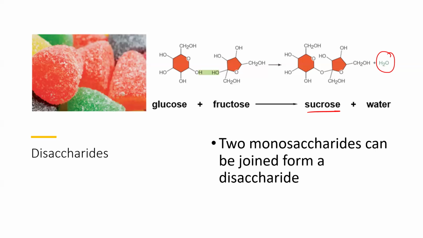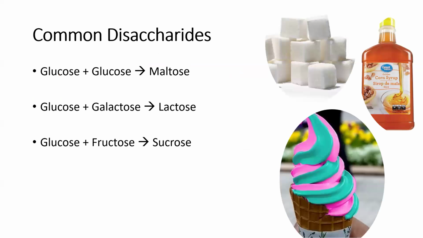So these things, once you connect them together, you have double sugar now. So we call them disaccharide. Monosaccharide, disaccharide. So here are the three common disaccharides I want you to remember. They all have a glucose in it, at least one glucose in it.